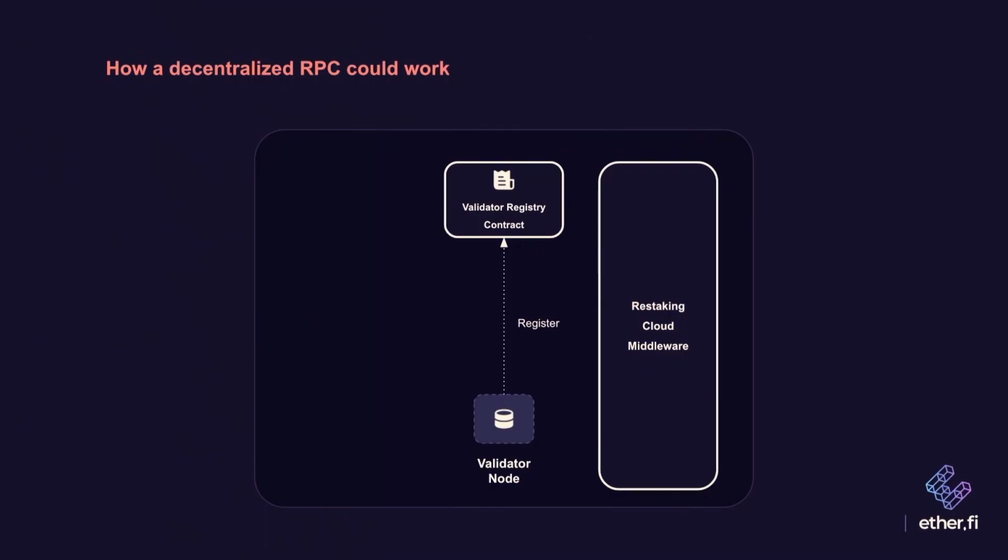Okay, so how would a decentralized RPC actually work, and how would it integrate with the restaking cloud? First of all, a really important point here is that, as Mike already mentioned, the validators already run the same software that an RPC provider is running. So basically they have the interface already to give access to blockchain data and to propagate transactions.